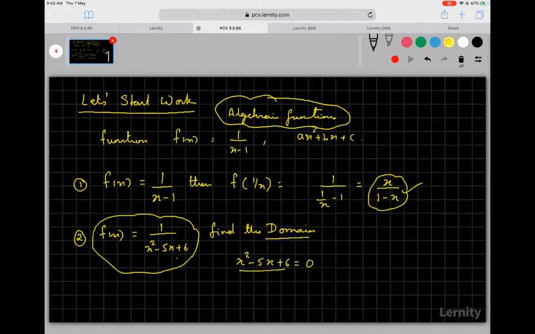Then this is a quadratic. So I can write this as x square minus 3x minus 2x plus 6 is equal to 0. So I can write it as x minus 3 minus 2 x minus 3 is equal to 0. So you have x minus 2 into x minus 3 is equal to 0. So you have x is equal to 2, x is equal to 3.